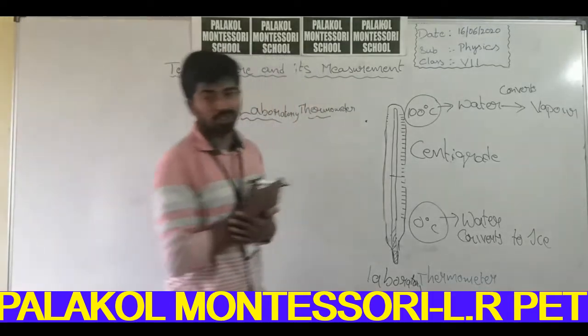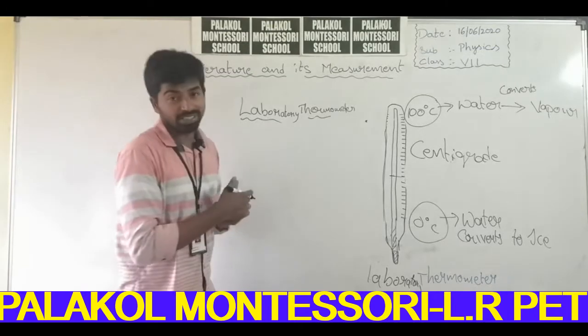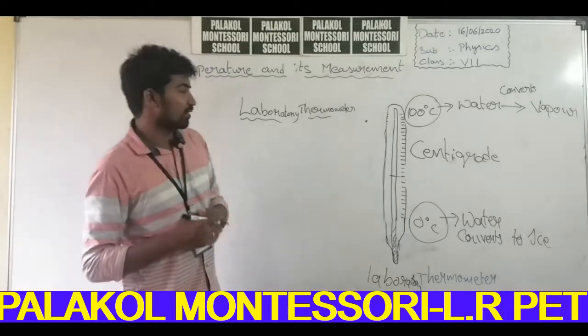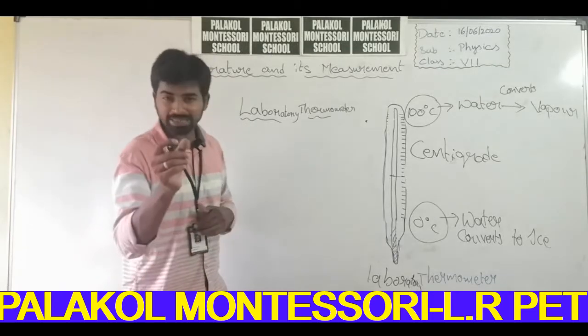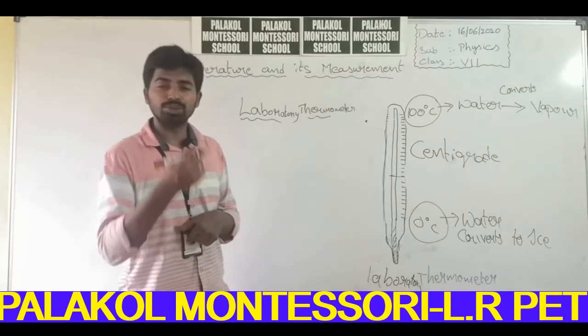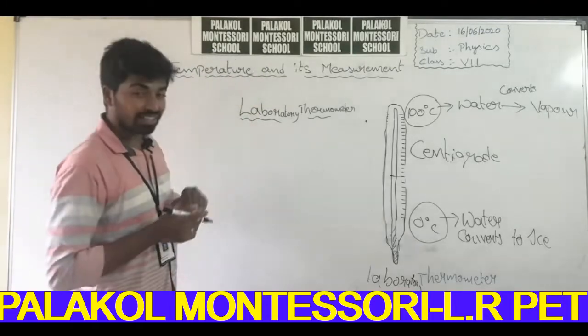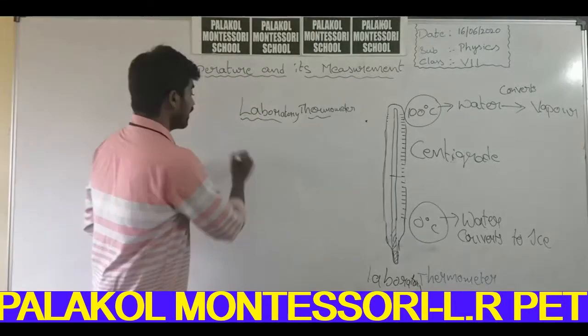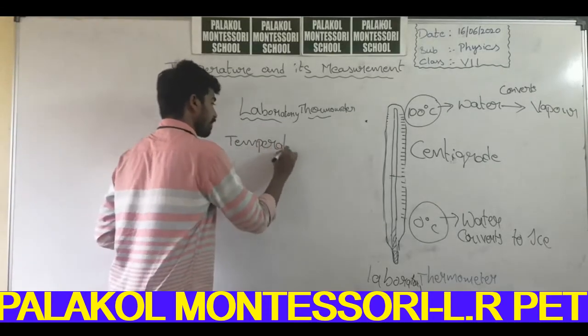This is the information about the laboratory thermometer. It is easier than the clinical thermometer. The clinical thermometer is used to measure the human body temperature. The laboratory thermometer is used to measure the temperature of substances or materials.